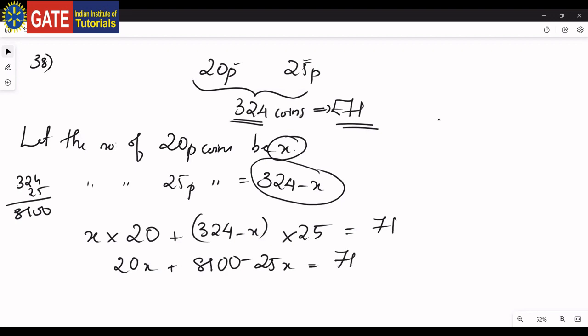Now remember one important thing. This is in paise. This is in paise. This is also in paise, but this is in rupees. So you need to convert this rupees into paise. So how can we convert rupee into paise? How is the relation happening? 1 rupee means how many paise?